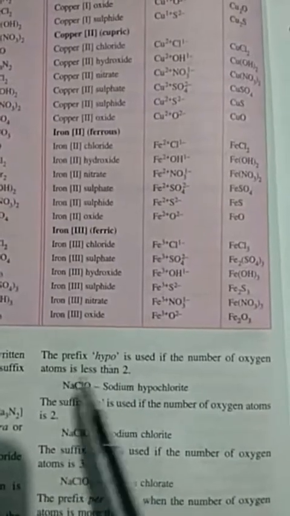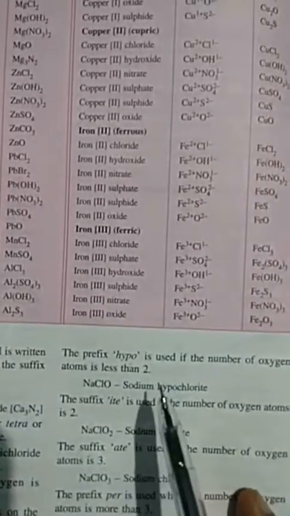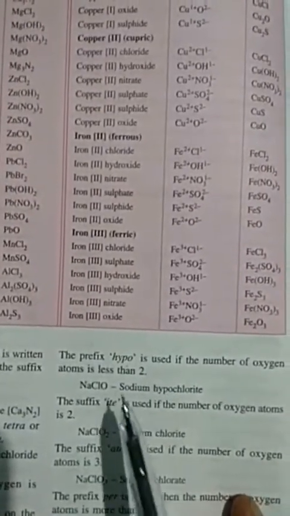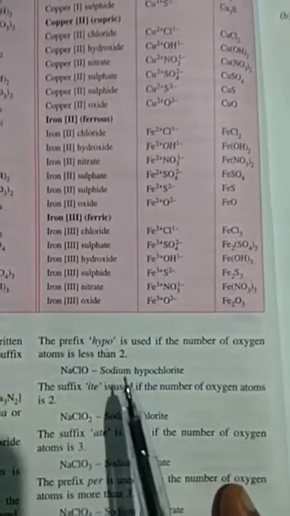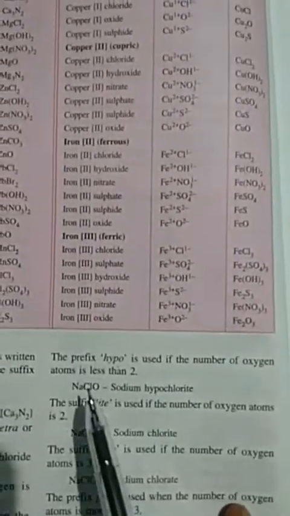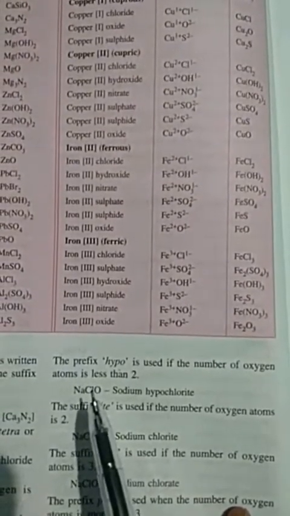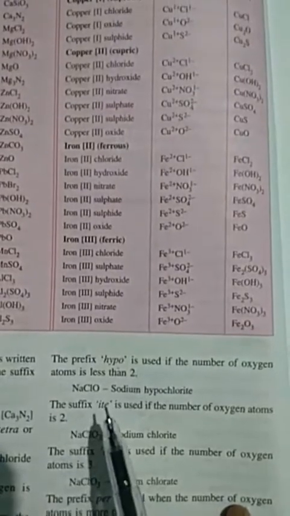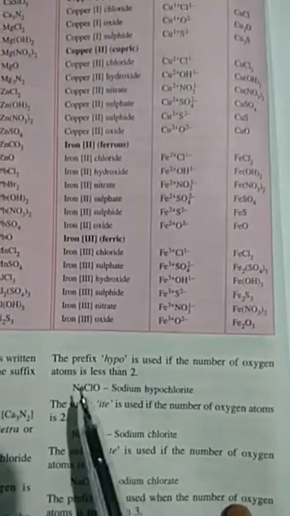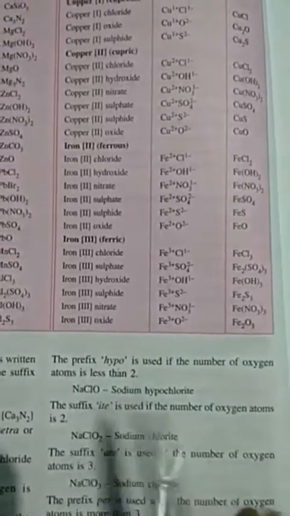Here it is less than 2, obviously it will be 1. So we will use the term hypo. It will be called sodium hypo, then instead of chloride, IDE, we will use ITE. So it will be sodium hypochlorite.